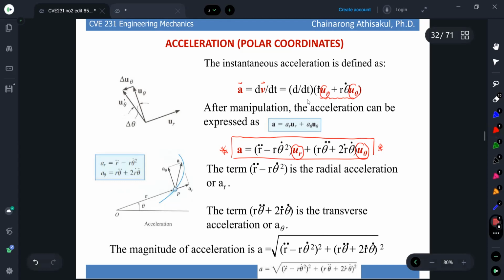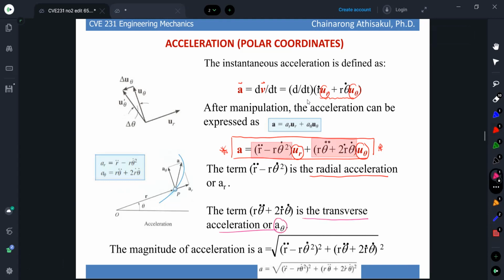This term we call the radial acceleration. And this term we call the transverse acceleration, or theta transverse acceleration. In some cases, we may call it the circumferential acceleration.